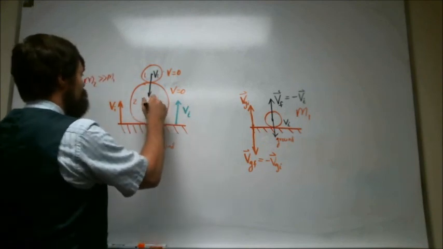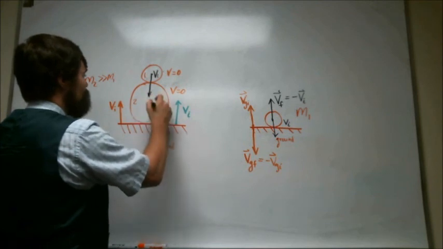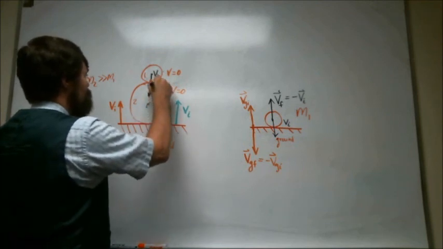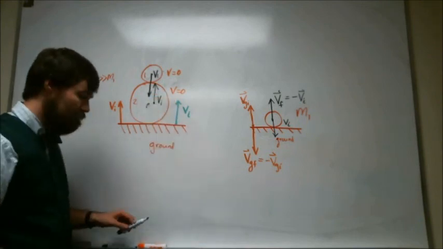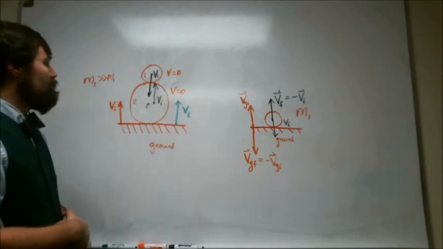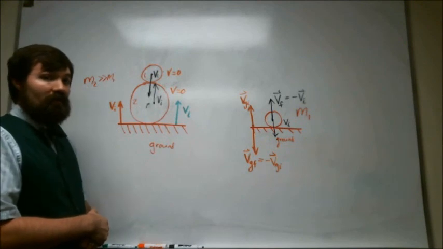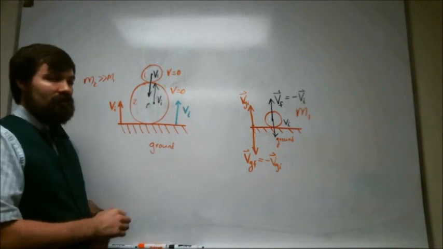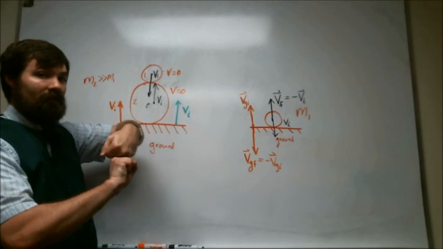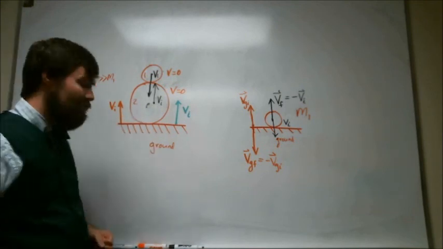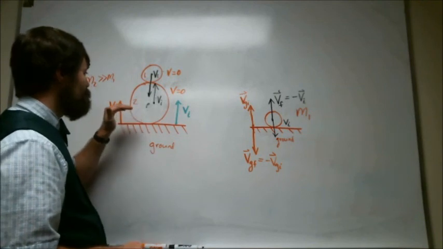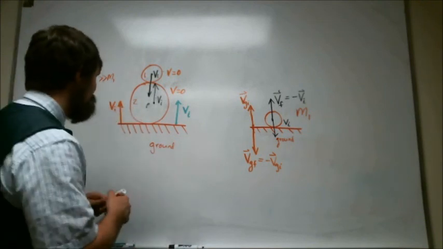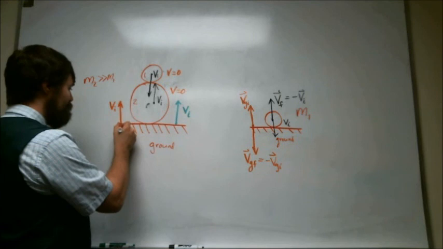So ball 1 now looks like it's going upward with a speed of the initial. And ball 2 still looks like it's going downward at a speed of the initial. So now they would look like they're going to collide with each other. In this perspective of ball number 2, the ground now looks like it is falling away.